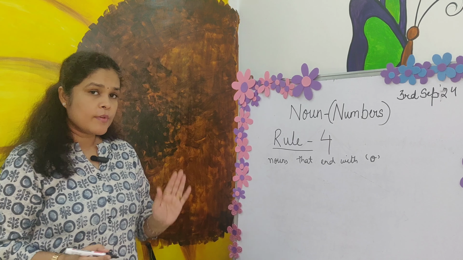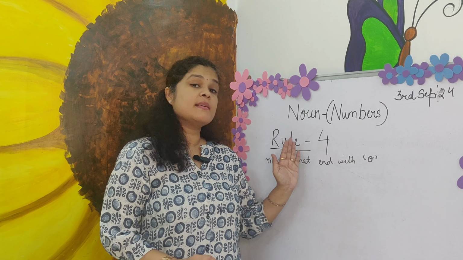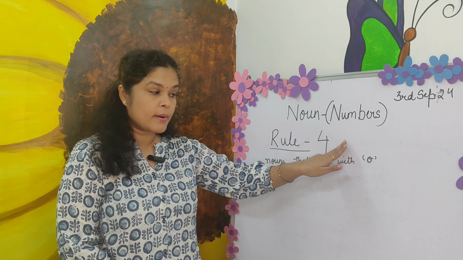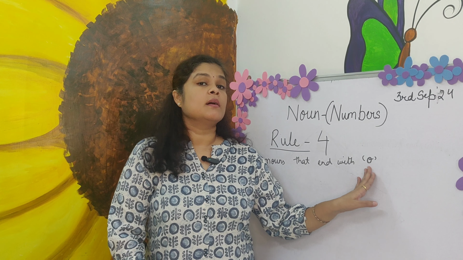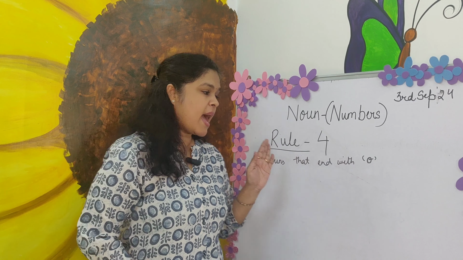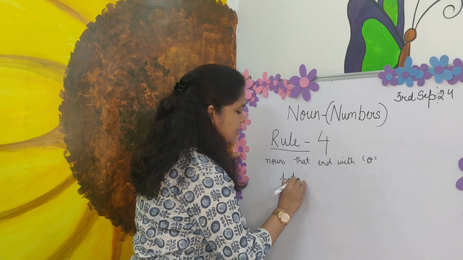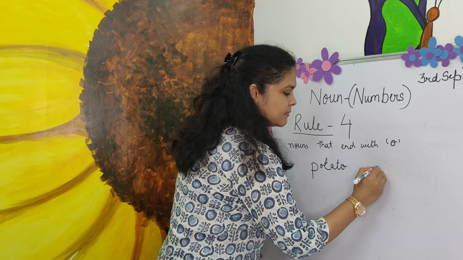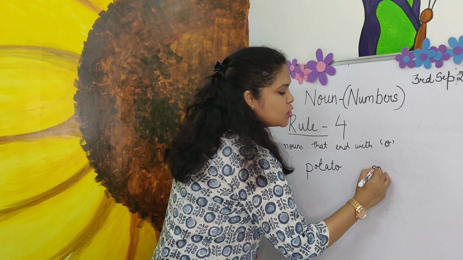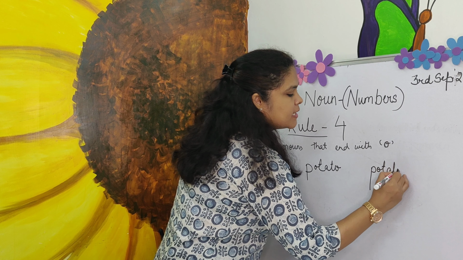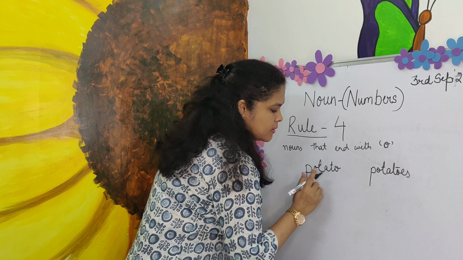Okay, what do we have to do? There are some mini rules within this rule. If there is a noun that ends with o, let's do it with an example, it becomes easier. Potato. So potato becomes potatoes.